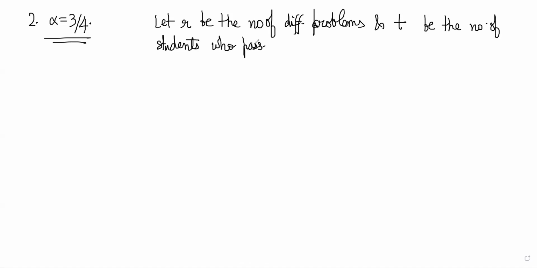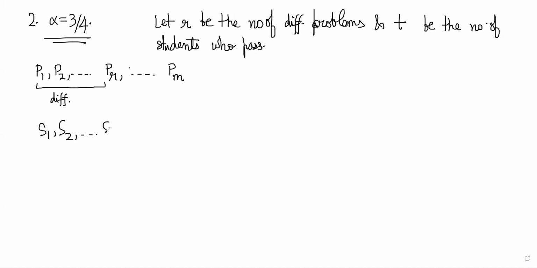What we will do is we will list out all the problems like this: P1, P2, PR, and then further till PM. There are M problems. These are the difficult ones. And we list out the students also like this: S1, S2, ST, and then till SN. There are N students, and these are the ones who pass, right?